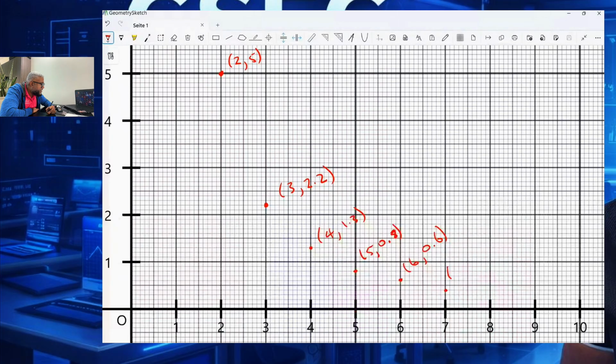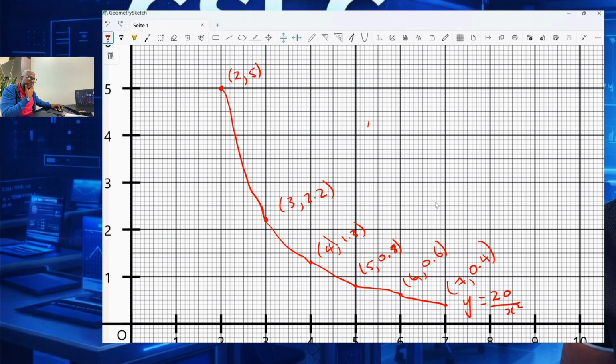Now I am labeling my coordinates, but you don't need to do that. I'm just doing it so you all see. So I'm going to draw a smooth flowing curve because it is a quadratic. A quadratic would be a curve, right? So this curve here will be y is equal to 20 over x squared. Everybody get there? That's my curve.